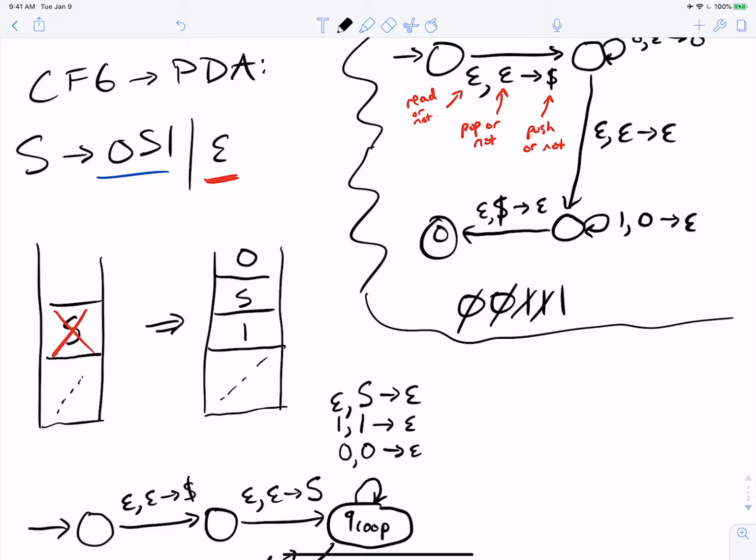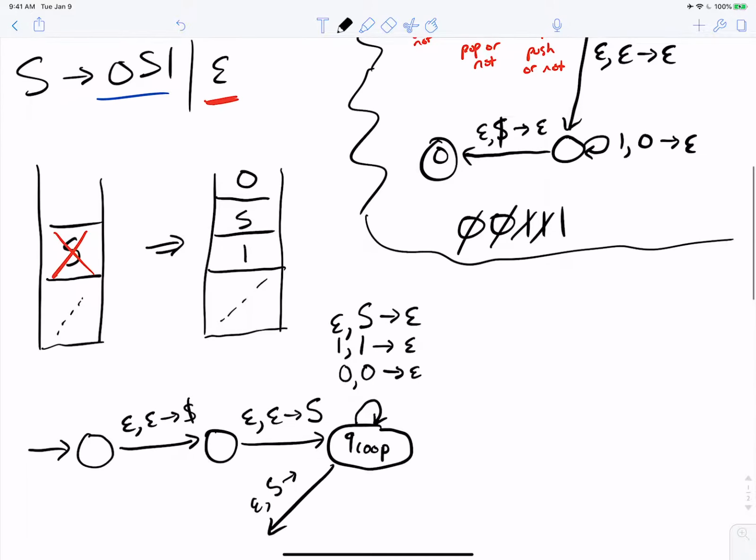Okay? So 0's at the top, it gets priority, then S, then 1. Because we're reading the derivation from the top of the stack down, because that's the place that we're accessing the character, and on the input, we're reading left to right. So we're producing the characters in the same order. So it's crucial that the 0 is at the top here, and 1 is at the bottom, quote unquote. 1's at the bottom, then S, then 0.